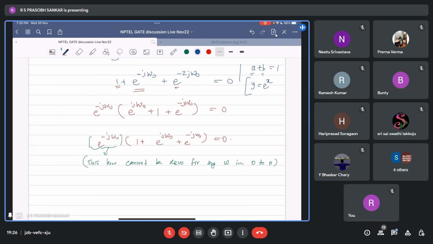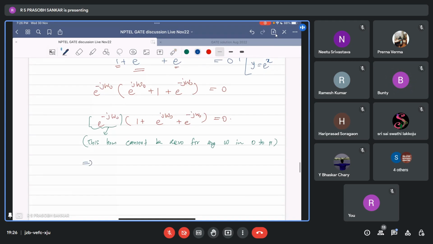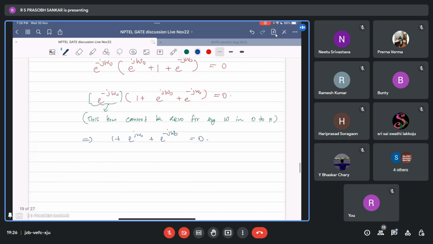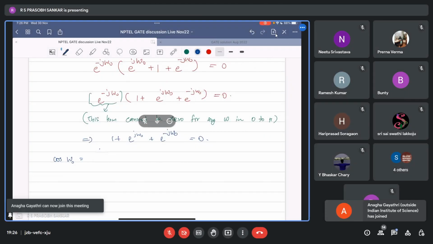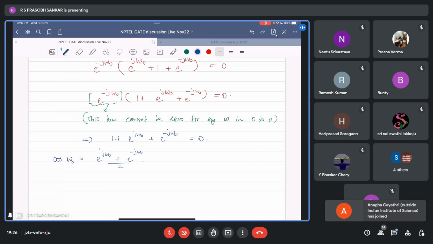Yes, sir. Okay, so what does that mean? This implies that 1 plus e raised to j omega naught plus e raised to minus j omega naught is 0. Now, we can use one result. What is cos omega naught? This is e raised to j omega naught plus e raised to minus j omega naught by 2.